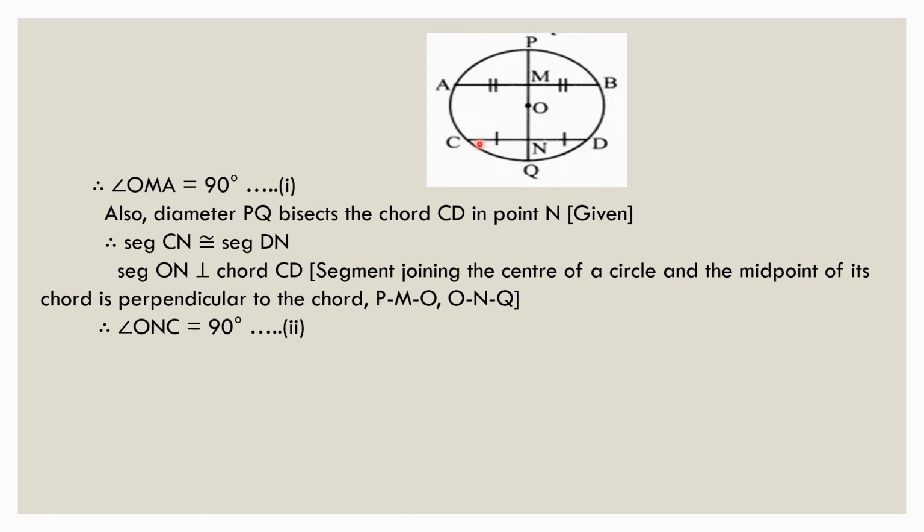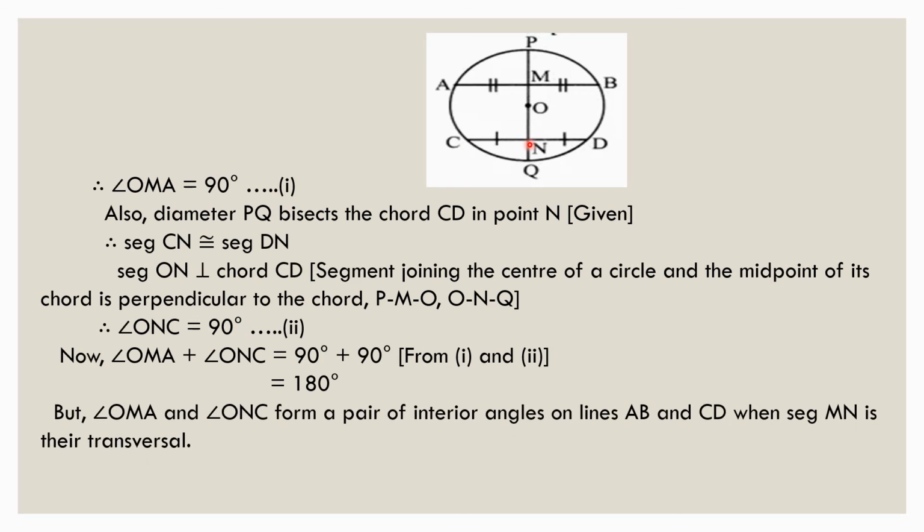Now from equations 1 and 2, angle OMA plus angle ONC is equal to 90 plus 90, which is equal to 180 degrees. But angle OMA and angle ONC form a pair of interior angles on lines AB and CD when segment MN is the transversal.